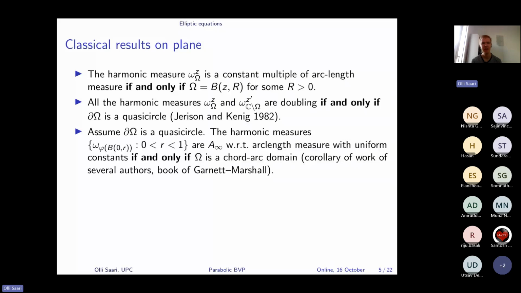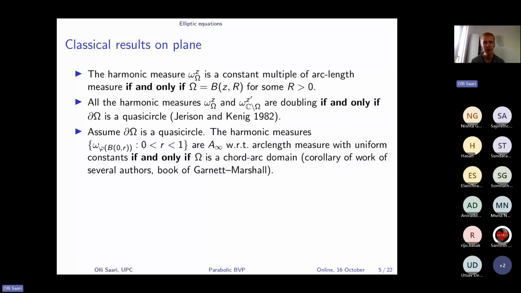Phi here is the Riemann mapping of the domain. Because omega was a simply connected domain, we know that it is the image under a conformal mapping of the unit disk, and this conformal mapping is phi. And then for each r, we can apply this Riemann mapping to a subdisk B(0,r), so we get a subdomain.